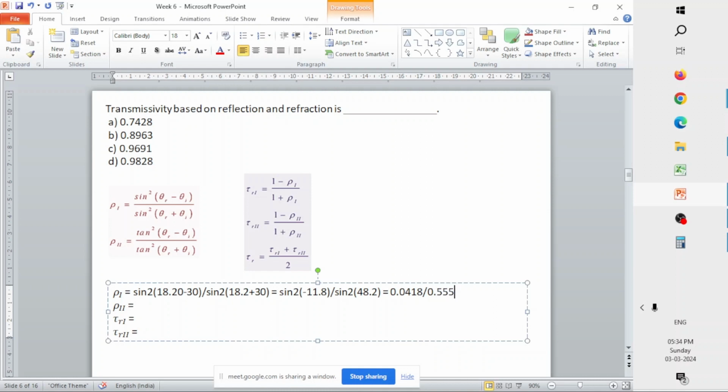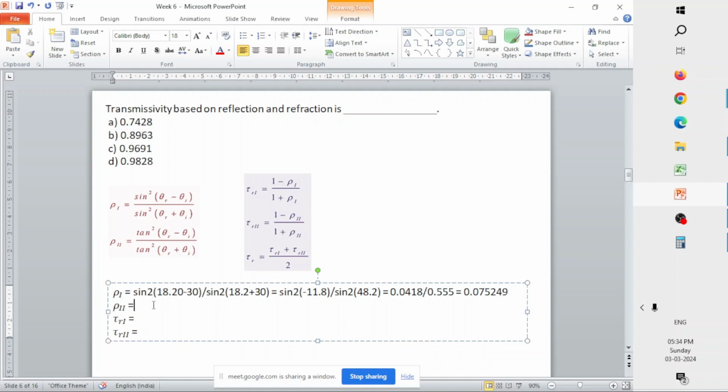If you divide both of these, you will get the value as 0.075249. I specifically request everybody to take this value as such up to 5 or 6 decimal places, because this will have an effect over the answer you are going to get.